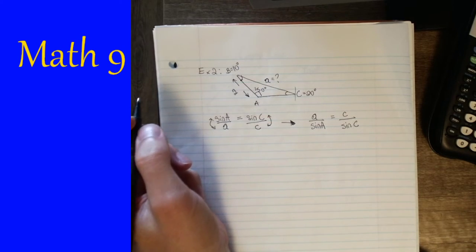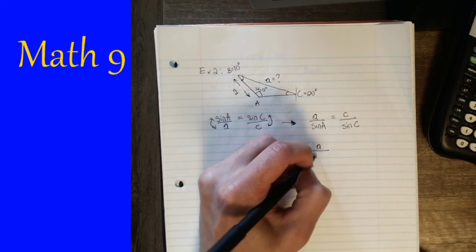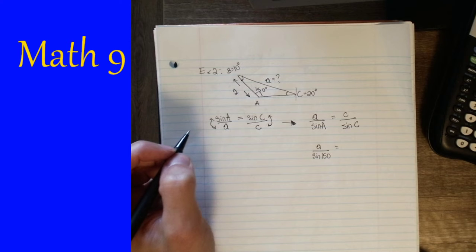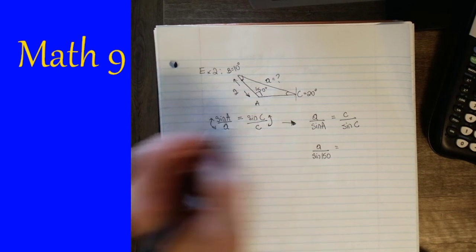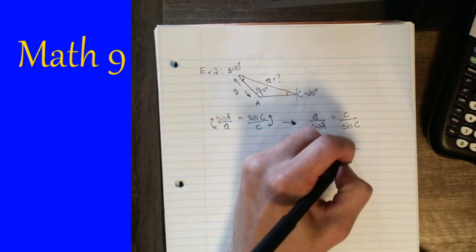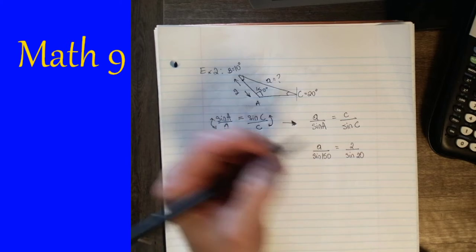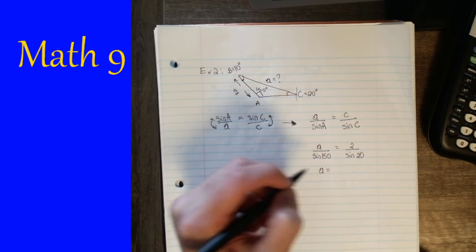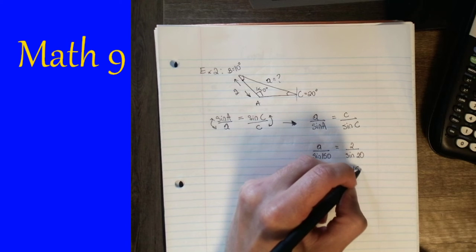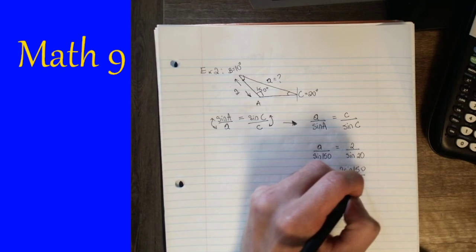So let's plug everything in. I'm solving for a. We're dividing by sine of 150. It's equal to 2 over the sine of 20. And so therefore a is going to be equal to 2 sine 150 over sine 20.